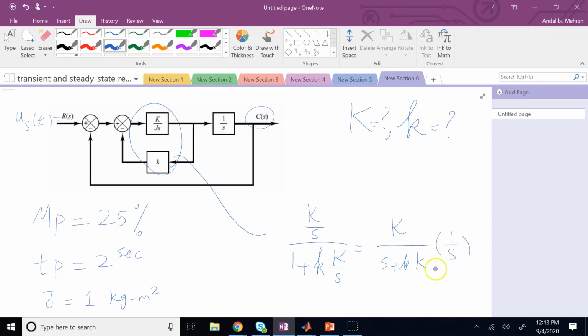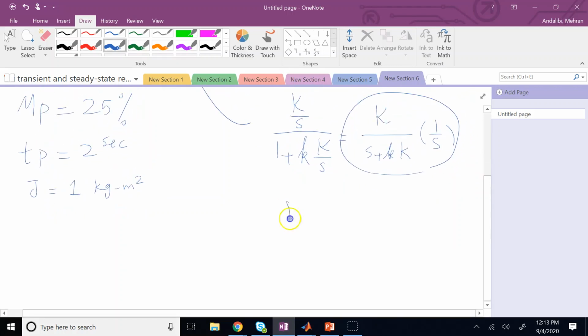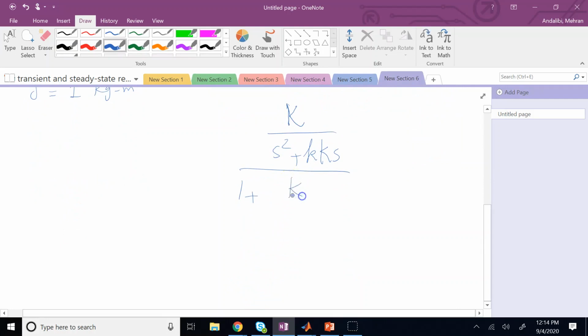And then that transfer function with a feedback of 1 again will be in a loop. So it is going to be now the new G function, K over S squared plus small k cap K S, this is your G, over 1 plus the same thing times 1, which is now the new feedback function.